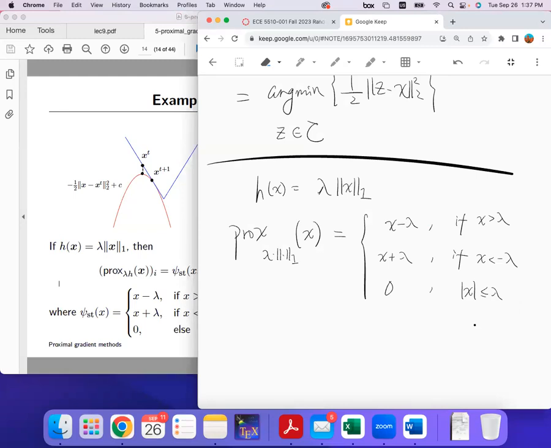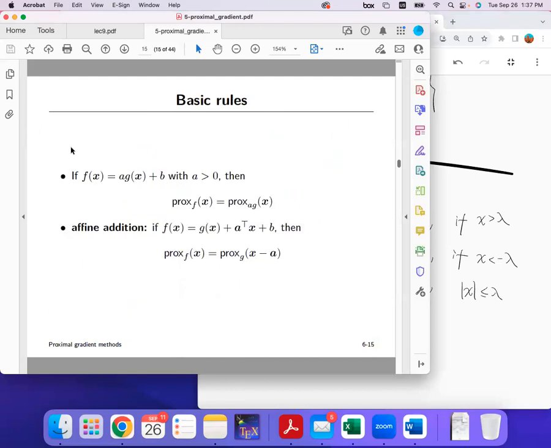So in MATLAB, you can do this in parallel, simply because this applies entry-wise. I think this can be done in a compact form.